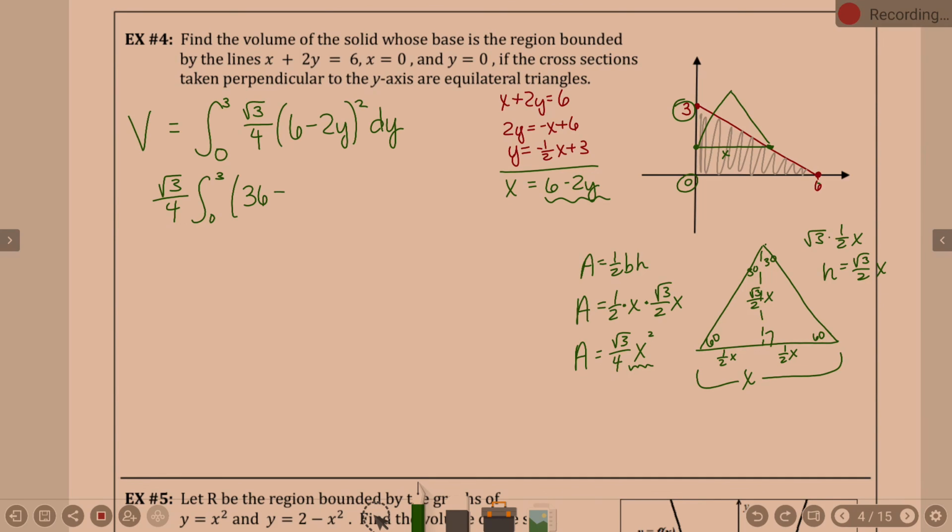So minus 24y plus 4y squared dy. Reverse that if you want, or work with it in this sense. Again, keeping my square root of 3 over 4 out front. 36y minus 12y squared plus 4/3 y cubed, evaluated from 0 to 3.